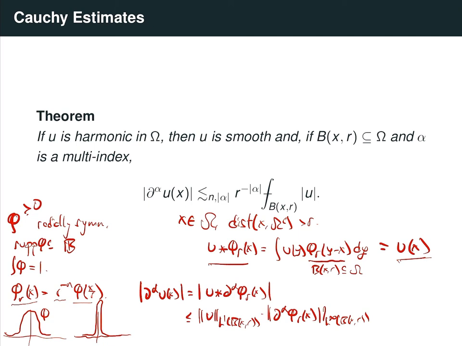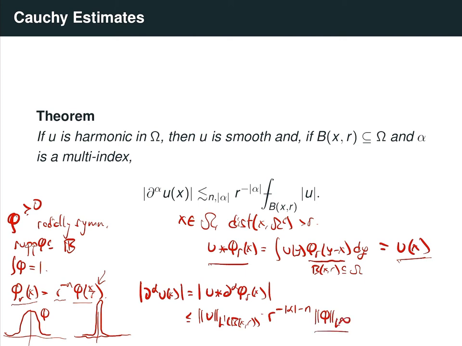And notice that each time I take a derivative of phi_r, I'm going to pull out a 1 over r from phi. So if I take the alpha derivative of phi_r, its infinity norm is equal to r to the minus alpha minus n times the infinity norm of phi, which will just be some fixed constant.